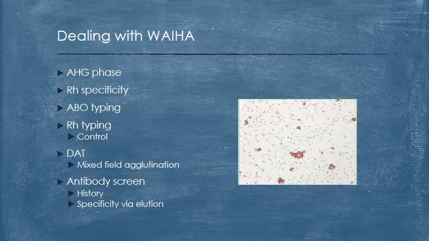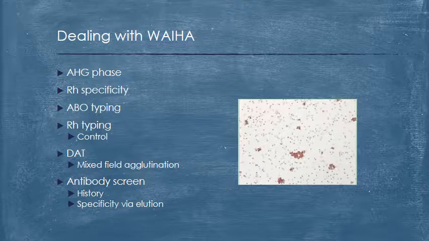Okay. Now your DAT is going to be expected to be positive in warm autoimmune disease. Okay, that certainly makes sense. It wouldn't be positive if the antibody species is an IgA or an IgM, right? Because our reagent is an anti-IgG, right? So that would be one of the ways that we would be able to classify the type of autoantibody.